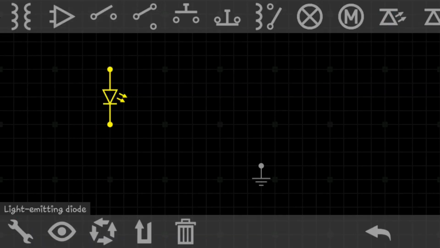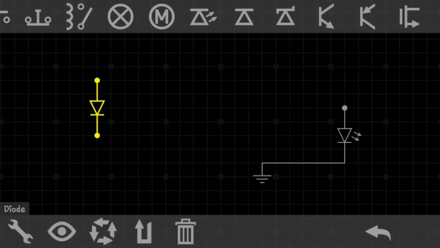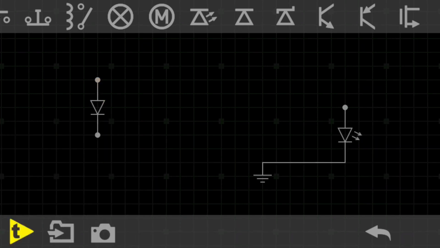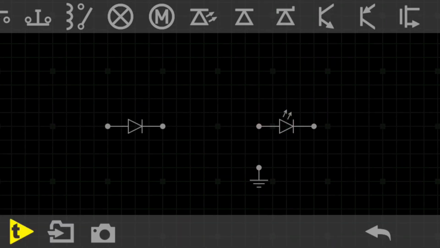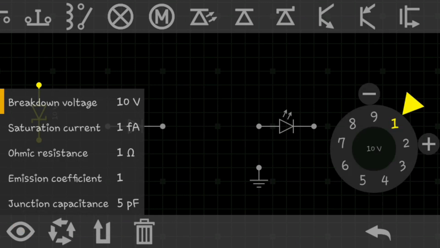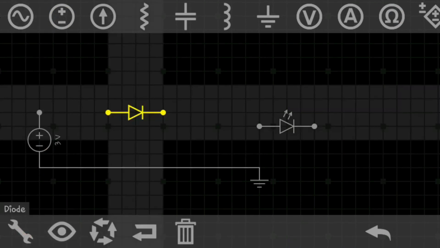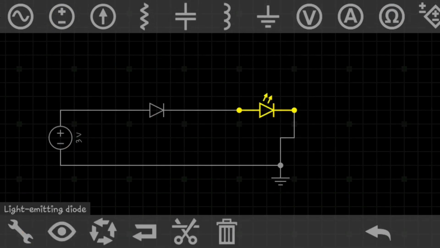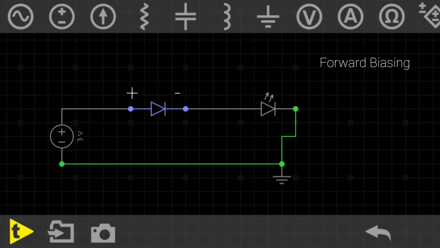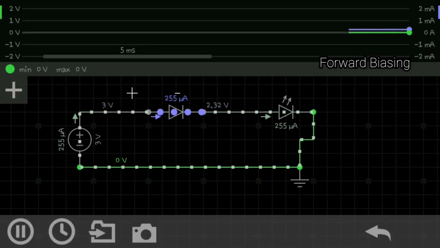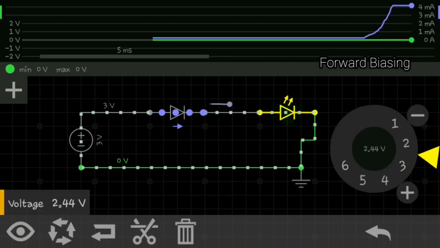To understand the biasing of the diode, let's rig a circuit. When the P region is in contact with the positive side of a battery and the N region is in contact with the negative side of a battery, it forms a forward biased region.